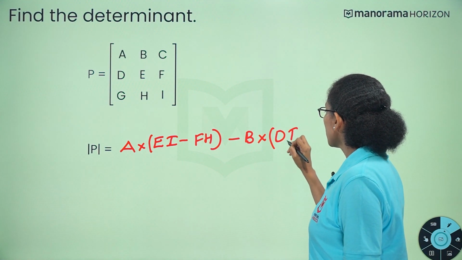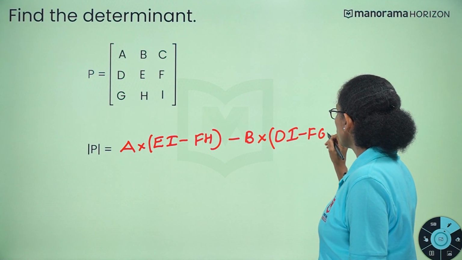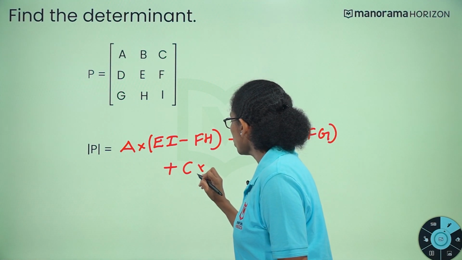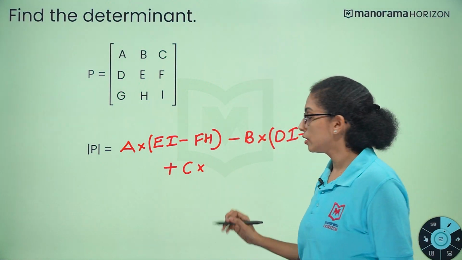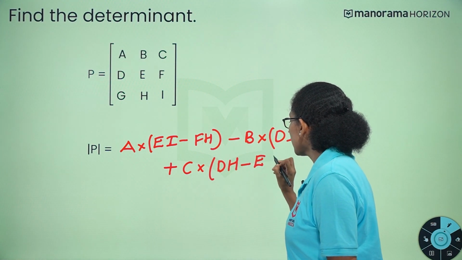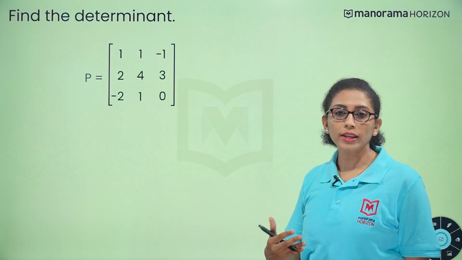DI minus F into G, plus C into, what is inside? DH minus EG. We need to find the determinant.